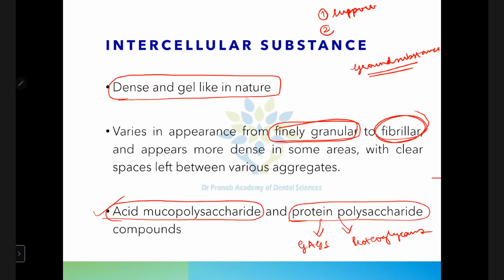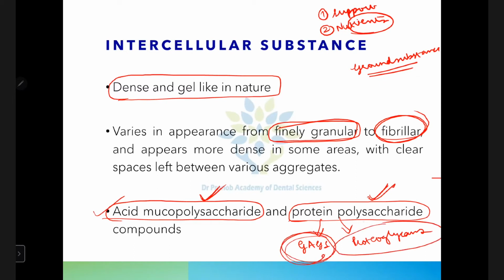It also helps in the transport of nutrients from the blood vessels to the cells, and it takes away metabolites from the cells to the blood vessels. This is the function of the ground substance. In this, we have the acid mucopolysaccharides and the protein polysaccharides. In protein polysaccharides, we have the GAGs, that is the glycosaminoglycans, and the proteoglycans.